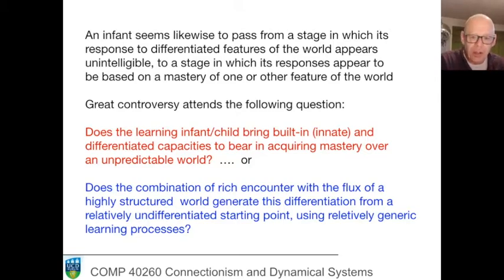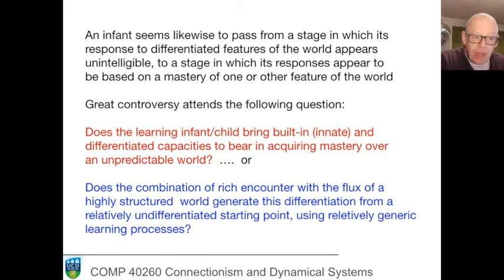And by the world here, I don't just mean the physical surrounds, I mean also the attention, care, interactions with others, the social and cultural environment, the language, all these are real elements of the world that the infant faces.